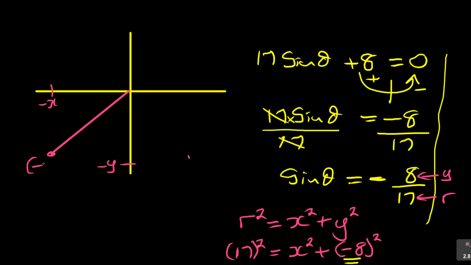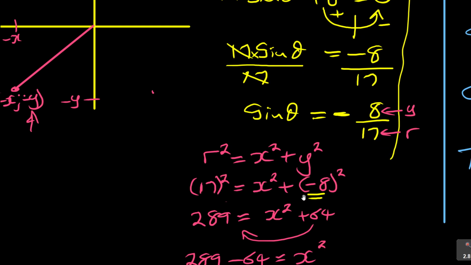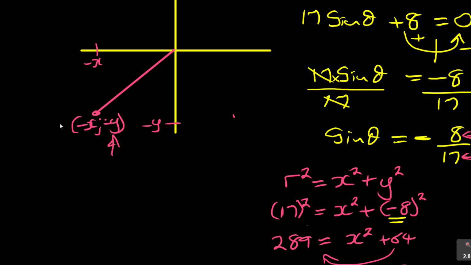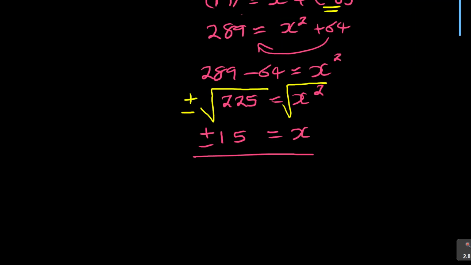So the coordinates are minus x, minus y. See that? Now it's already telling you y is negative, and we know y is minus 8, and x cannot be positive because it's telling you x will also be negative. So here you have to choose between plus 15 and minus 15. You can say therefore x is equal to negative 15.